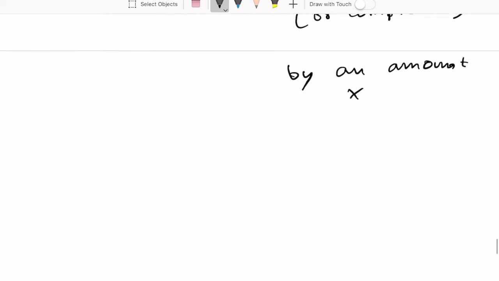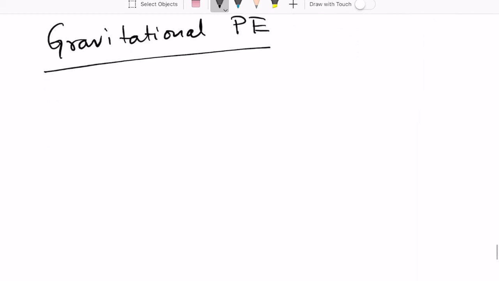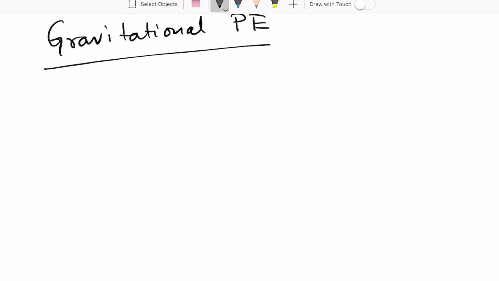There is another calculation that we can do. We can also calculate the potential energy associated with gravity. So that is called gravitational potential energy. So how do we calculate gravitational potential energy? We are going to use the same approach. Let's say that we have an object over here and it's lifted up over here, right?